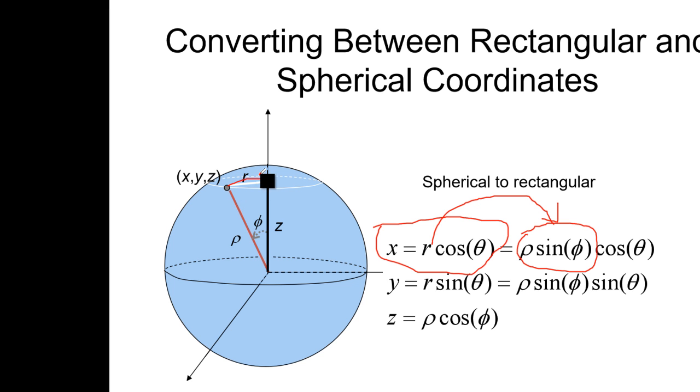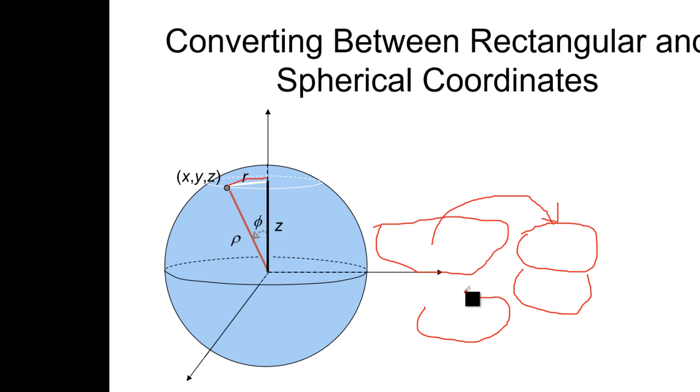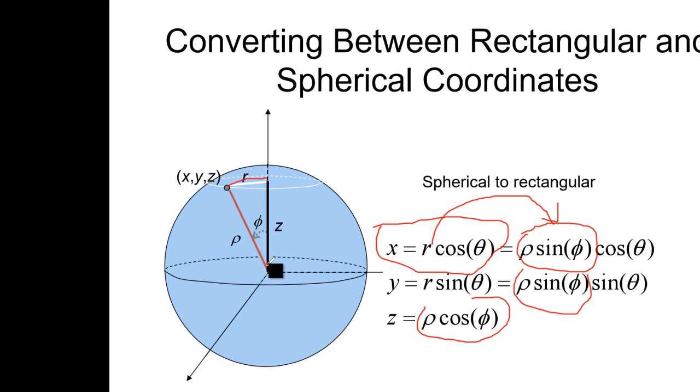So sin phi is r by rho, and cos phi is z by rho, and we just want to put the value of r, which is rho sin phi, in both the cases, and z will be just rho cos phi, because z is basically this distance, the distance along the adjacent side of this triangle.